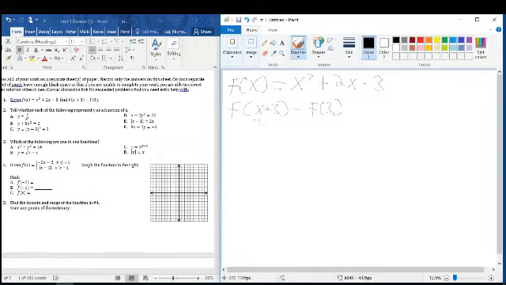into the equation. So for f of x plus 3, that is going to become x plus 3 squared plus 2 times x plus 3 minus 3. So x plus 3 squared, make a special note about this.